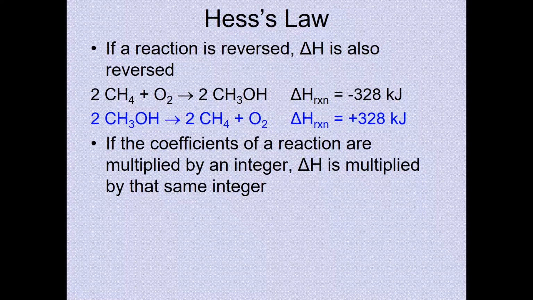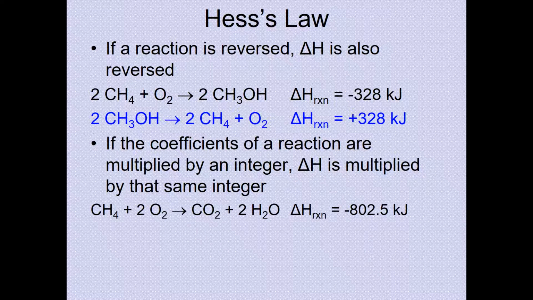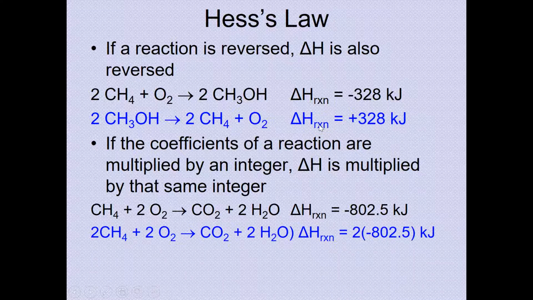And remember, if the coefficients of a reaction are multiplied by an integer, the delta H is also multiplied by that same integer. So if we have this chemical reaction and we multiply everything by 2, we have to multiply our delta H by 2.